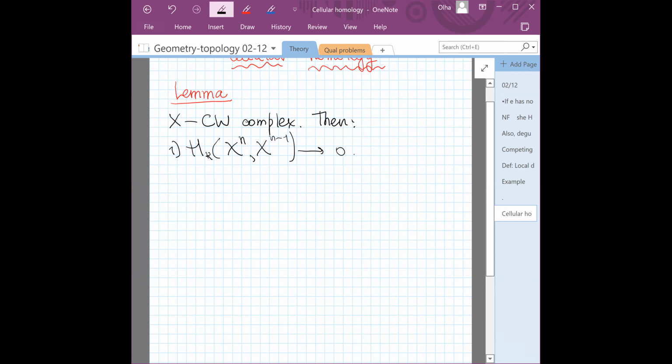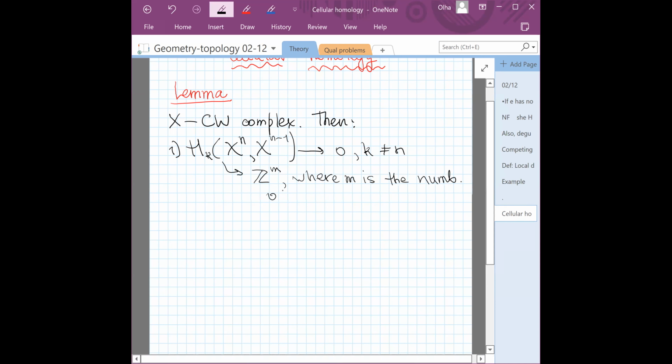If k is not equal to n, then this group is just trivial. If k is equal to n, then it is Z^m, where m is the number of n-cells in X.